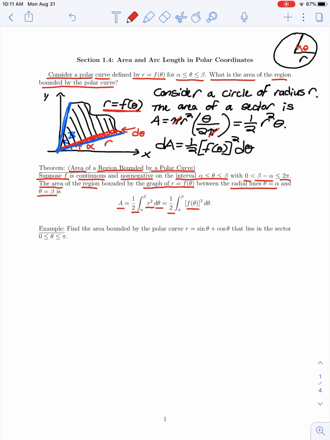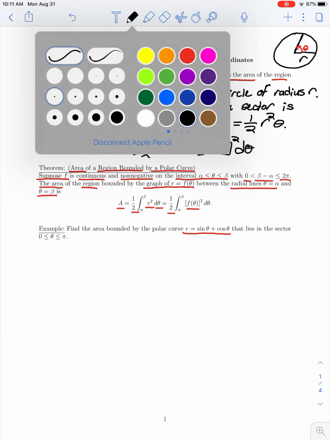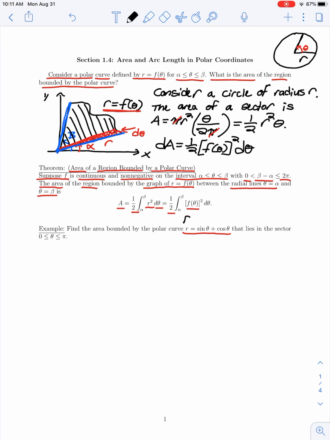So now that we have this formula, let's look at some examples making use of it. In this first problem, we're asked for the area bounded by the polar curve r equals sine theta plus cosine of theta. Here, using the notation of our theorem, this is the function f of theta, which lies in the sector from theta equals 0 to pi.